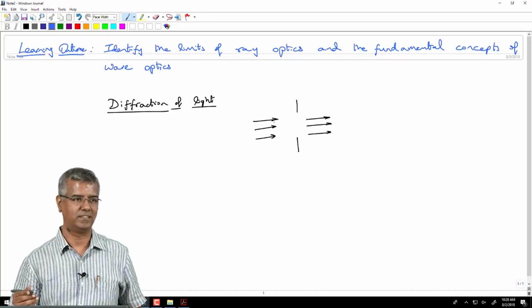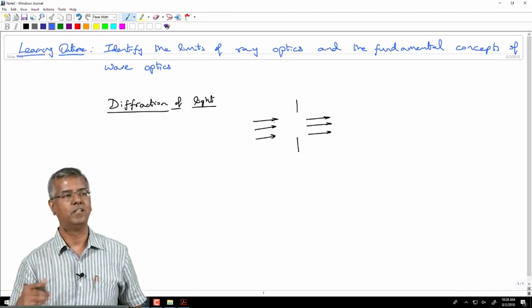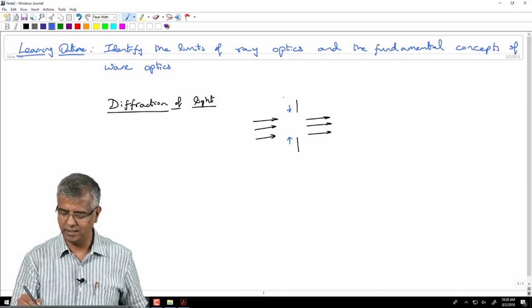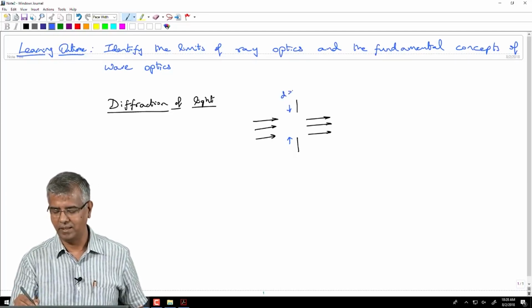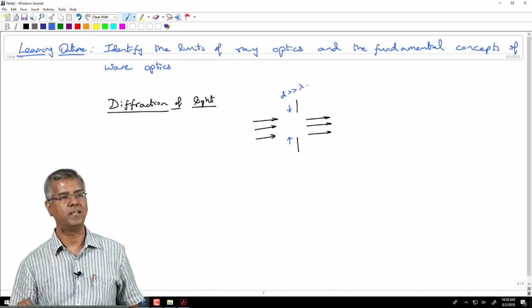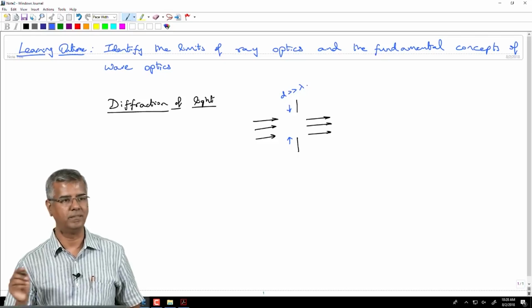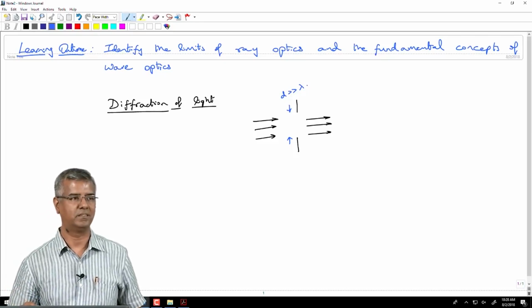Large is how large? Very good. So, it is comparative to the wavelength of light. So, if you have an opening with let us say d as the dimension, that is far greater than the wavelength of light, right. So, you can explain everything by ray optics.